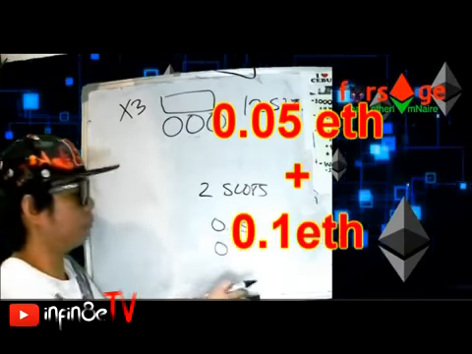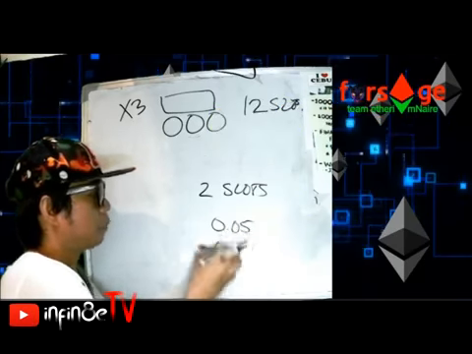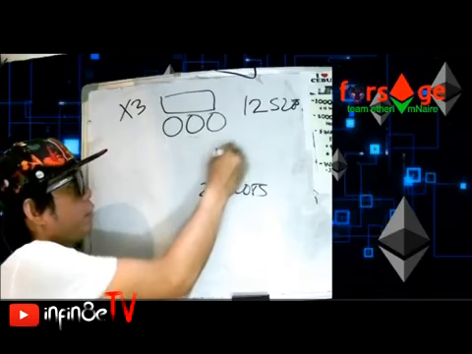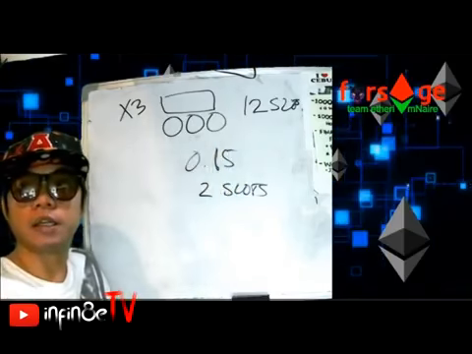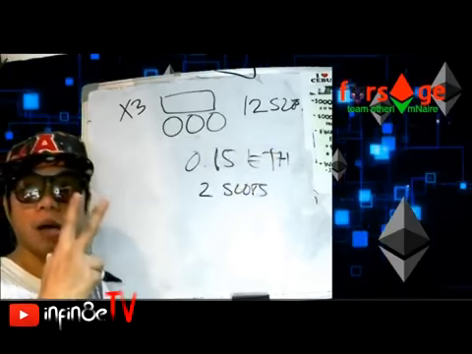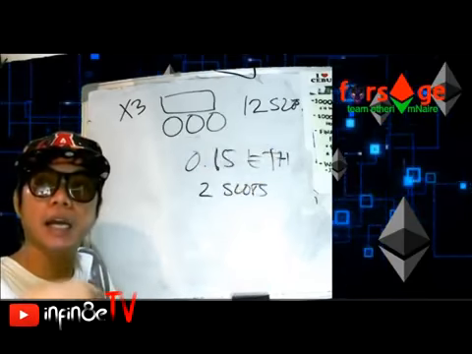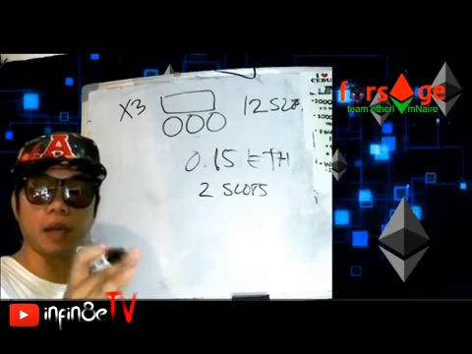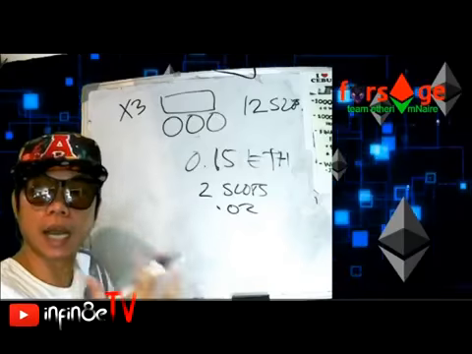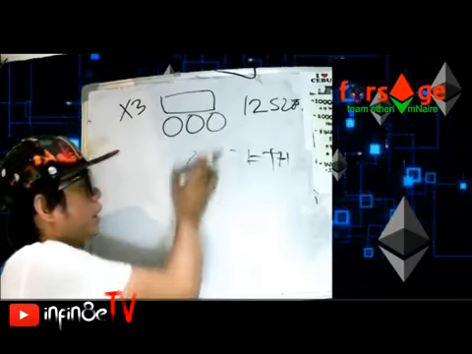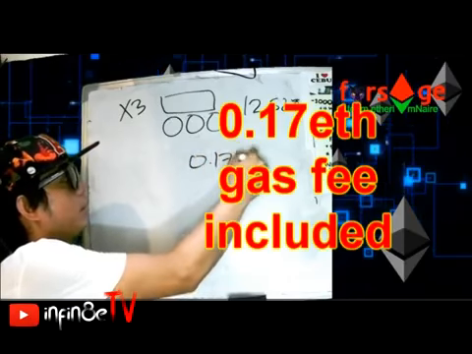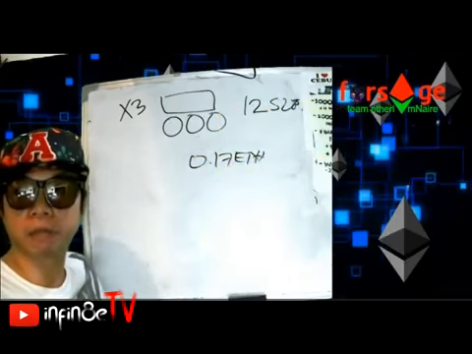So ibig sabihin yung dalawang slot po is worth 0.15 Ethereum. Pero syempre, dadagdagan mo yan ng at least 0.02 para po sa gas fee. Okay, so 0.17, at least you start to 0.17 Ethereum. Okay, included na po yung gas fee nito.